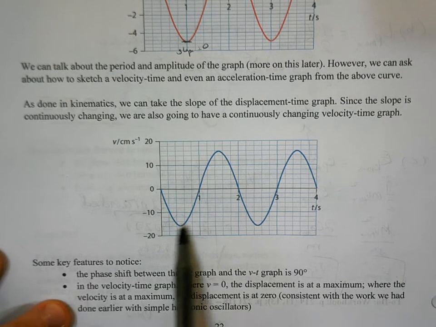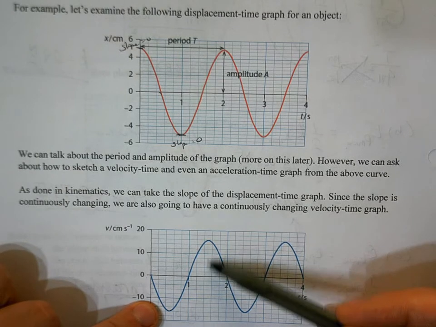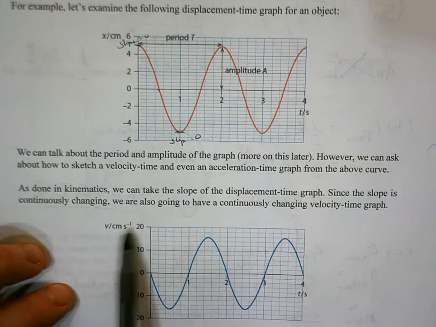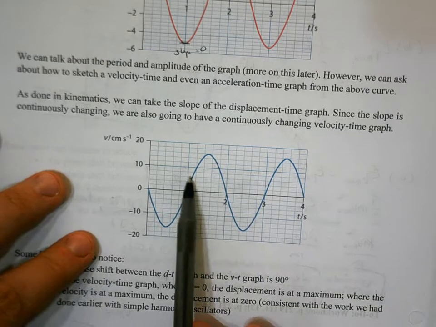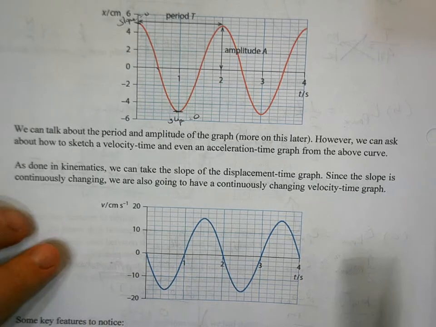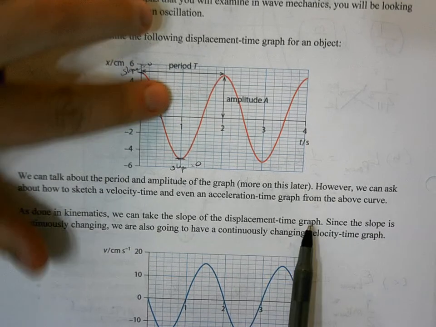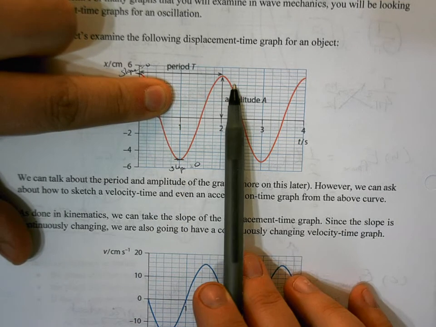You will notice that this also has a periodic shape. It almost looks similar to this one. You'll see the height of the graph, or the amplitude, is a little bit different to reflect that this is a velocity and not a position graph. It almost looks like this graph is slightly shifted. It looks like this graph here, where we start at 0, go down and up, but we've just shifted that back a little bit.